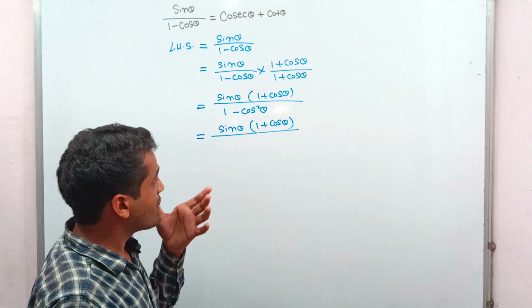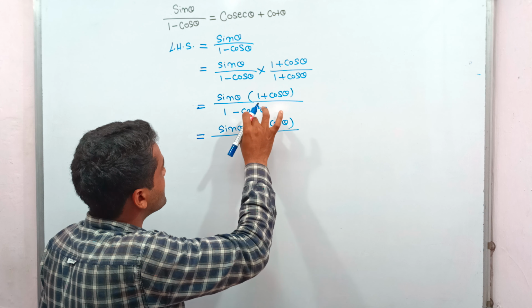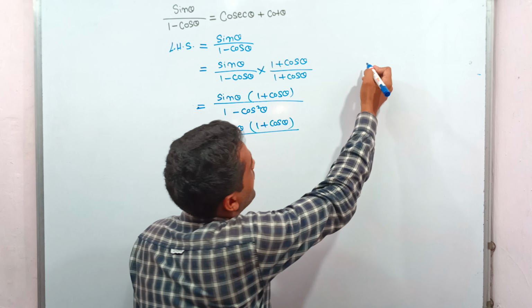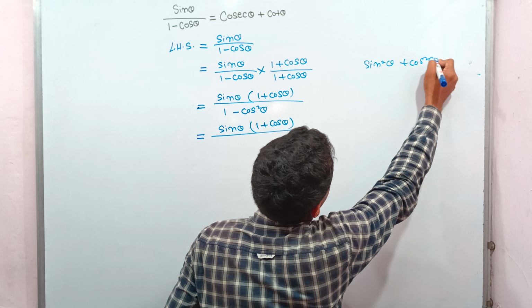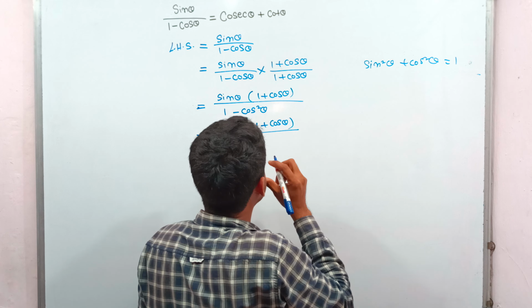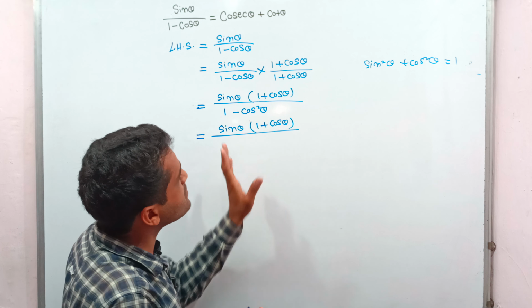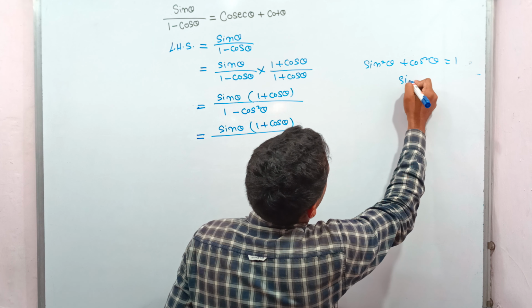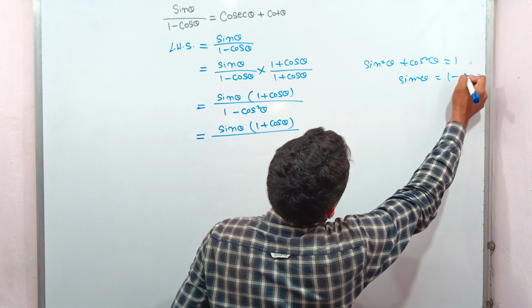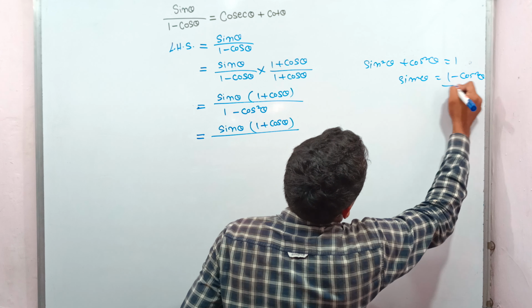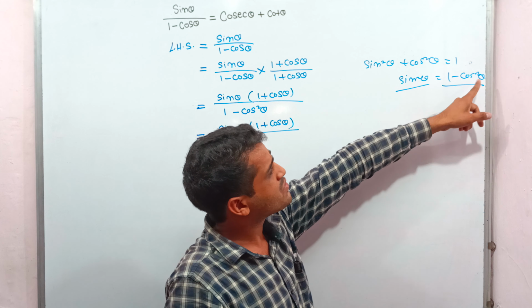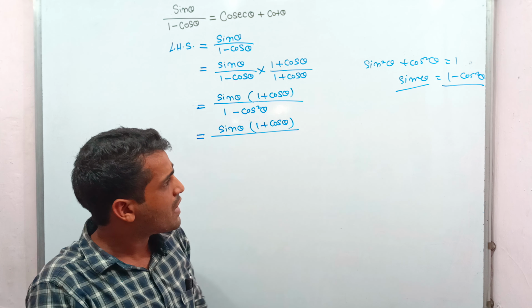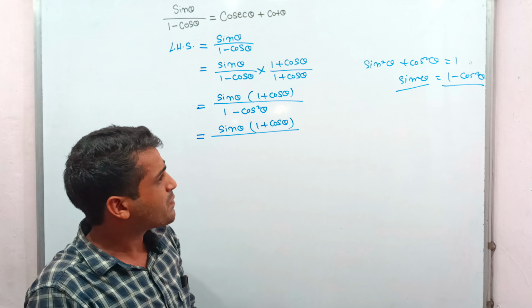And see here, in the previous lecture I explained one formula: sine square theta plus cos square theta is equal to 1. It means here is given 1 minus cos square theta, so wherever it is written we are able to write sine square theta.